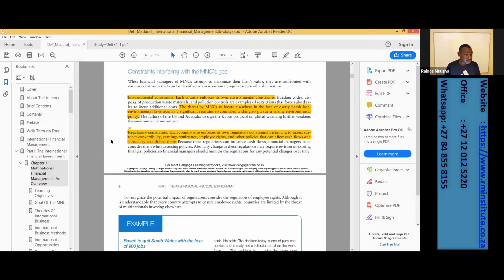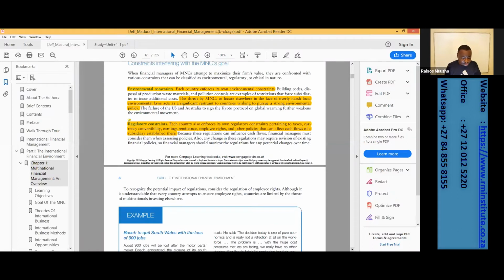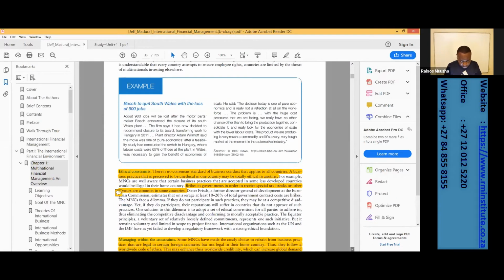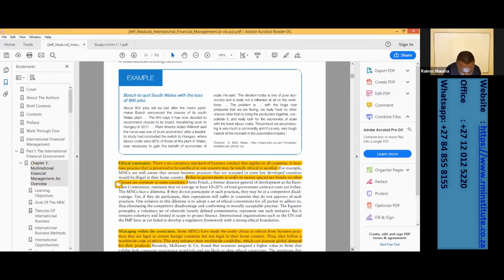This is why you would see many American companies opening up in China, where the labor laws are less strict than in other developed countries. For example, look at Nike and Adidas and all those other companies. So they also have to take into account the regulatory constraints in the country in which they are considering operating.